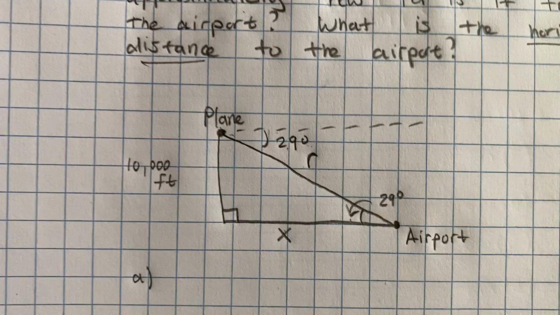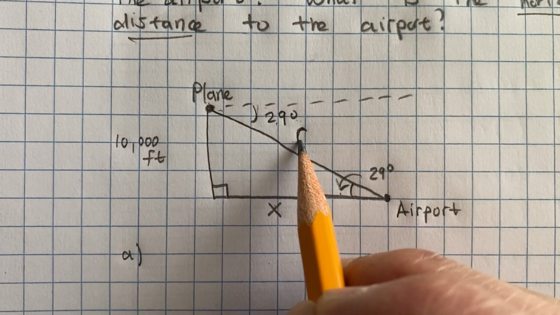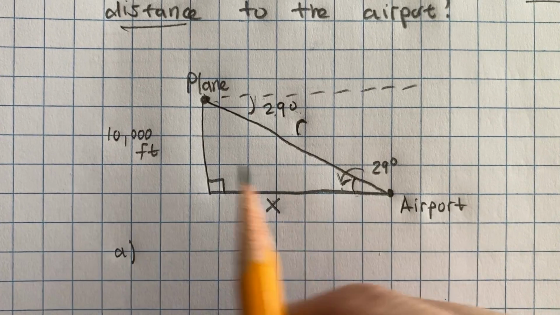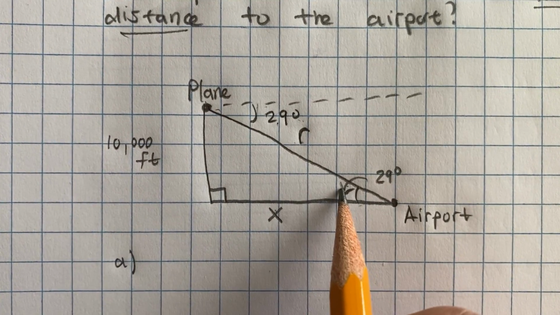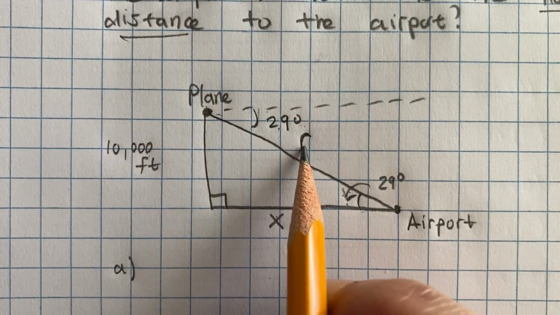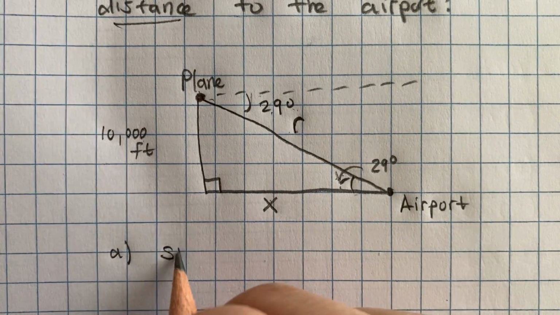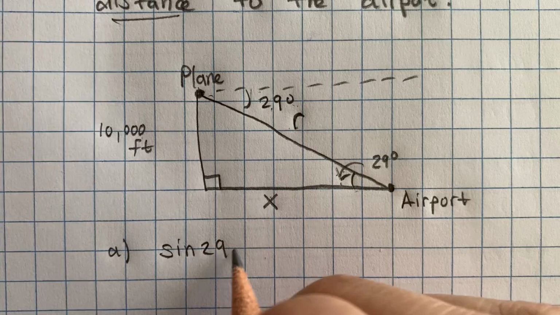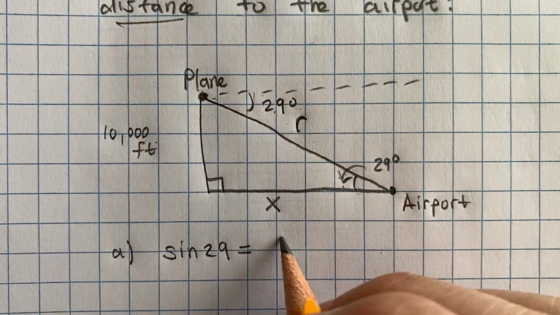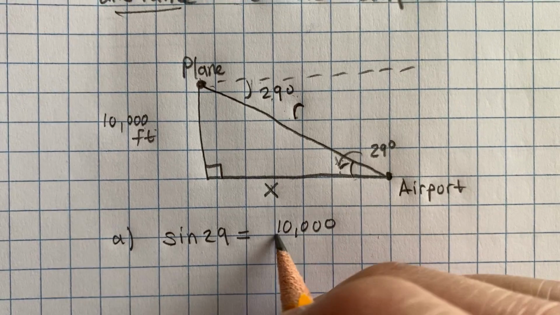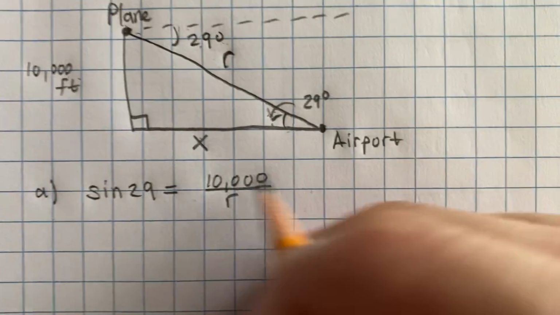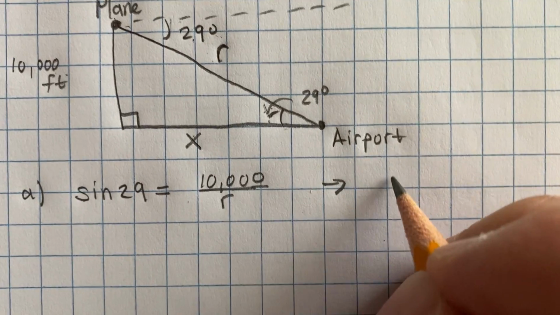Okay, so let's figure out part A. If we want to solve for R, and this is 29 degrees, we don't know what this is, but in relationship to this 29, I have a side that's opposite, and I have the hypotenuse. So I'm going to use my sine ratio. Sine of 29 is equal to opposite over hypotenuse, 10,000 over R. Then you can solve by cross multiplying.